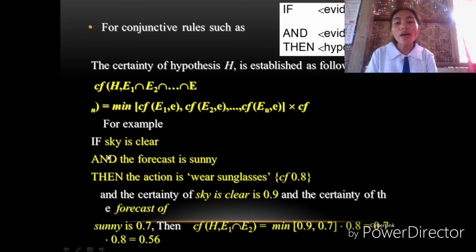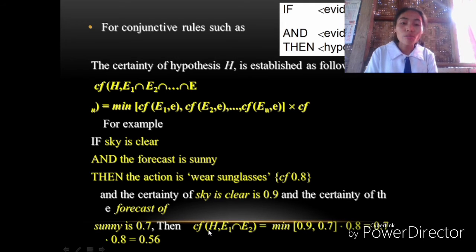For example, if the sky is clear and the forecast is sunny, then the action is wear sunglasses. The certainty factor is 0.8, the certainty of the sky is clear is 0.9, and the certainty of the forecast of sunny is 0.7.